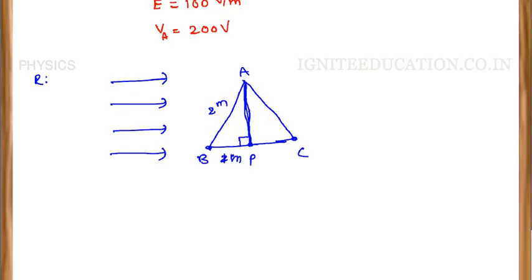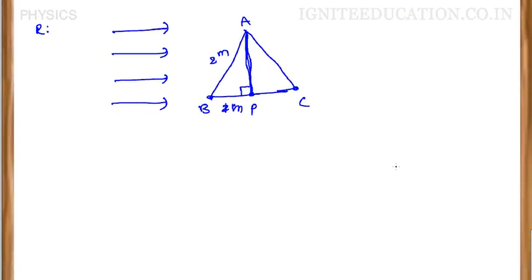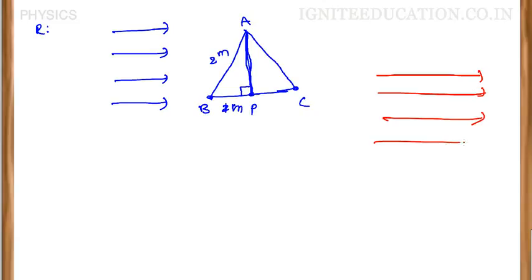Now I'll explain another concept. Assume that you have a parallel field like this, which is flowing from left to right. So consider a plane which is perpendicular to the field direction like this. If we consider this plane we call it an equipotential plane. Why?